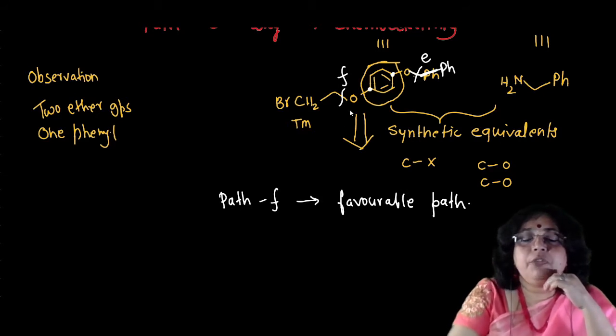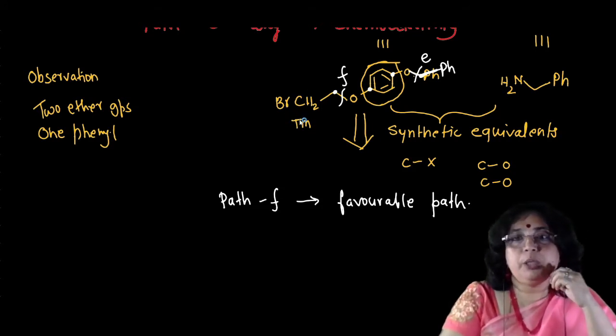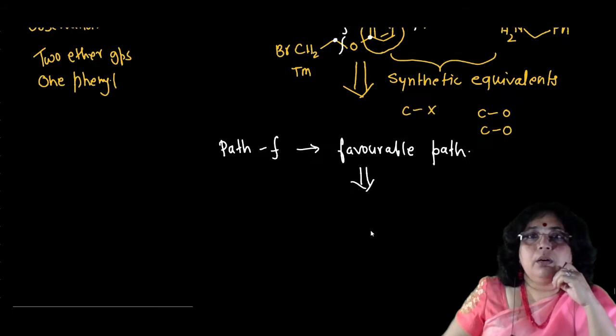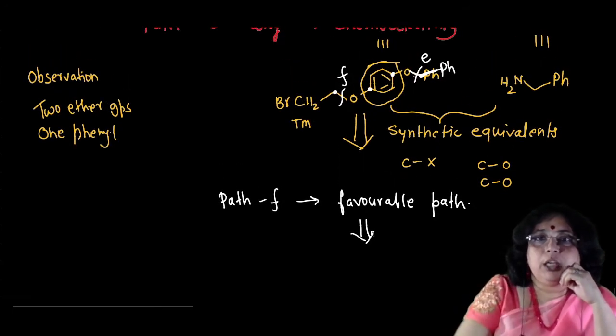If we compare these two disconnections, this C-O and this C-O, this center is more reactive because of the Br group which is present over here. So let us see the synthons now. So we have an F disconnection over here.